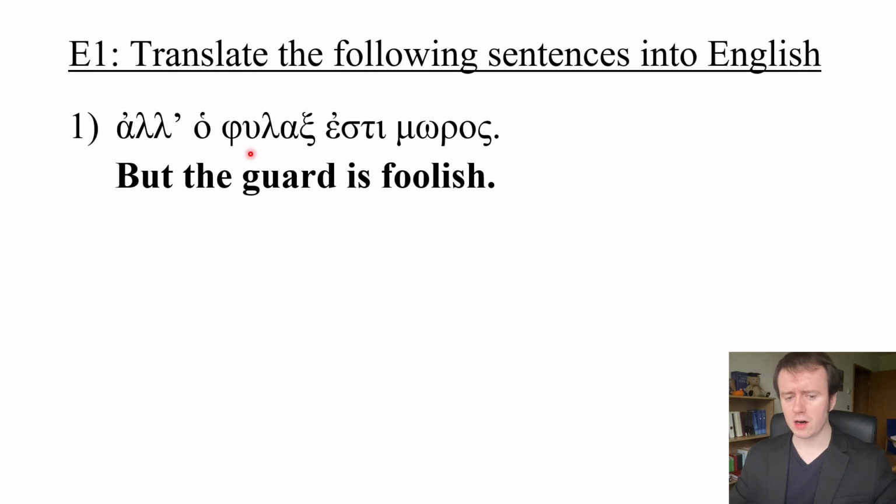Hopulux is the guard in the nominative singular. Pulux is a 3a noun that we've met before. Esti means is. It's the third person singular present indicative form of the verb to be. And moros is the masculine nominative singular form of the adjective moros, meaning stupid or foolish. So it was, but the guard is foolish or stupid.